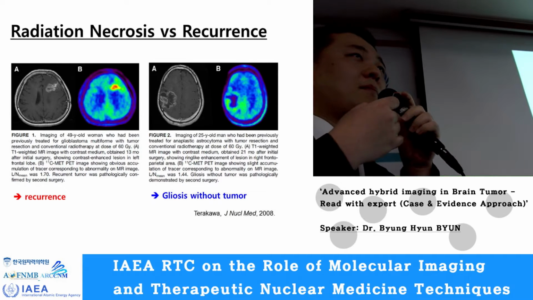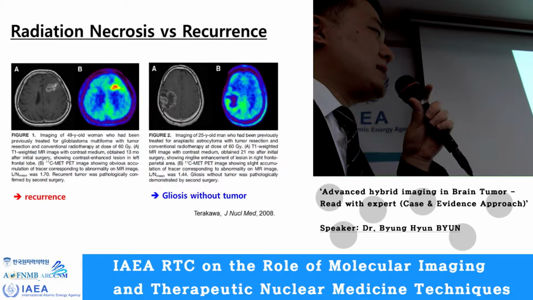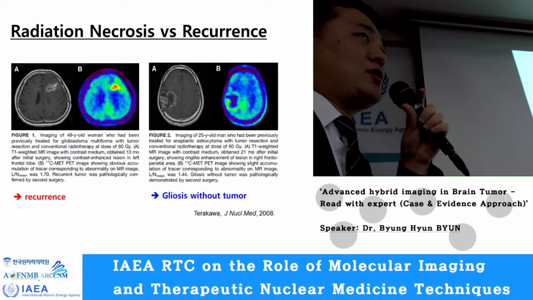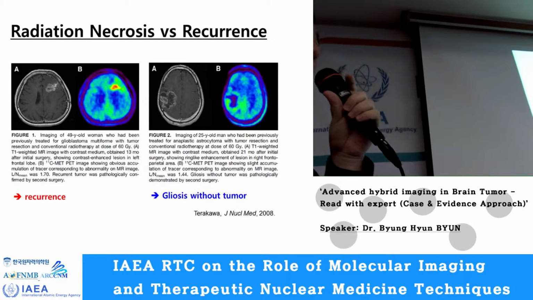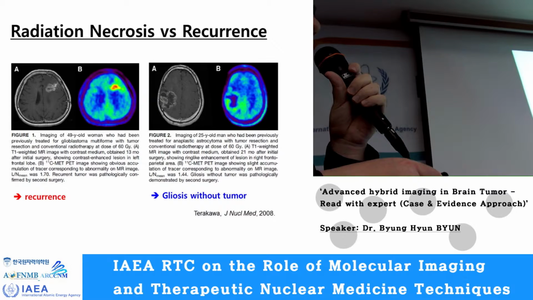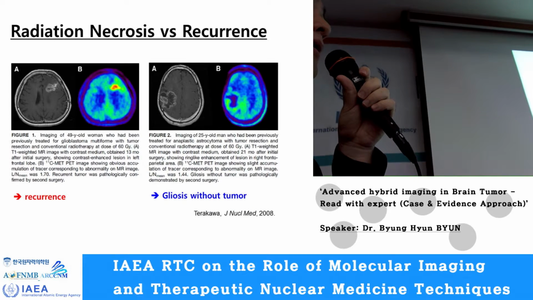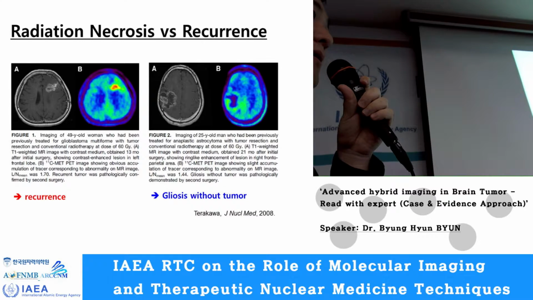There was just a moderate uptake on methionine PET. Actually, this region was confirmed as gliosis without tumor, so it was not tumor recurrence. So it is important to define the activity of this site. Actually, I will discuss it later.